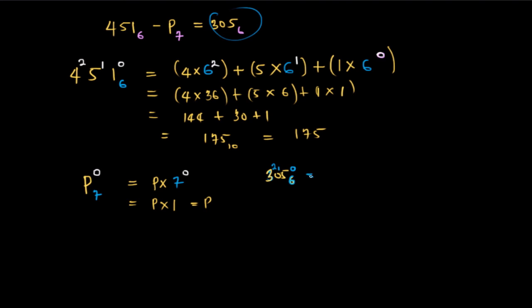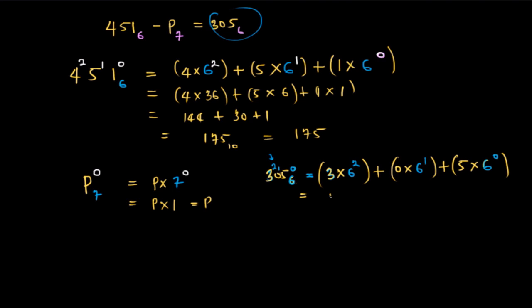So this becomes 3 times 6 to the power 2, plus 0 times 6 to the power 1, plus 5 times 6 to the power 0. That is 5 times the base, which is 6, and the power is 0. Then you close the bracket.